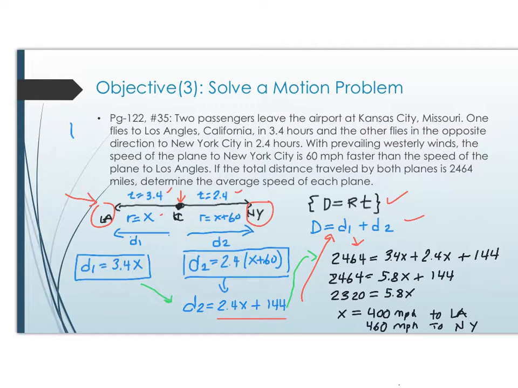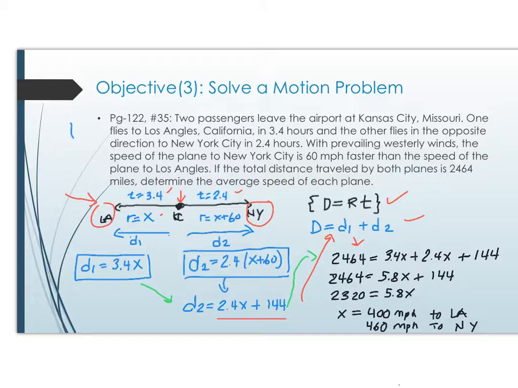I put that into my formula up here, and I end up with 2,464 is equal to 3.4x plus 2.4x plus 144. I combine the x terms. I get 2,464 is equal to 5.8x plus 144.